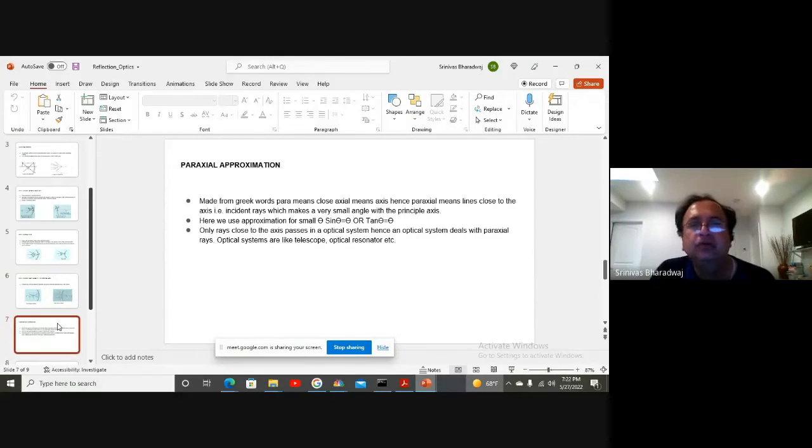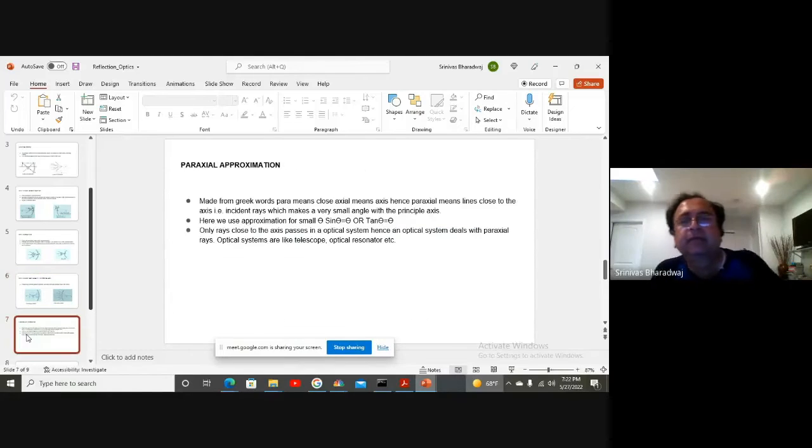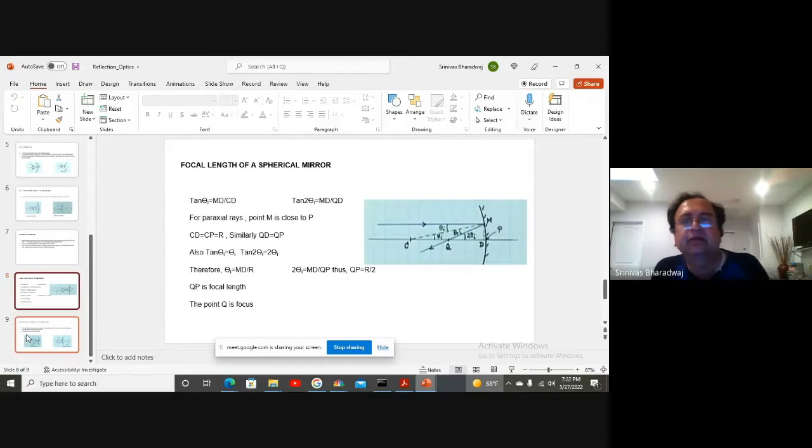Only rays close to the axis pass through an optical system, hence optics deals with paraxial rays. Okay, most optical systems deal with rays that are close to the axis, incident rays which make a small angle with the principal axis. Okay, now how do you measure the focal length?